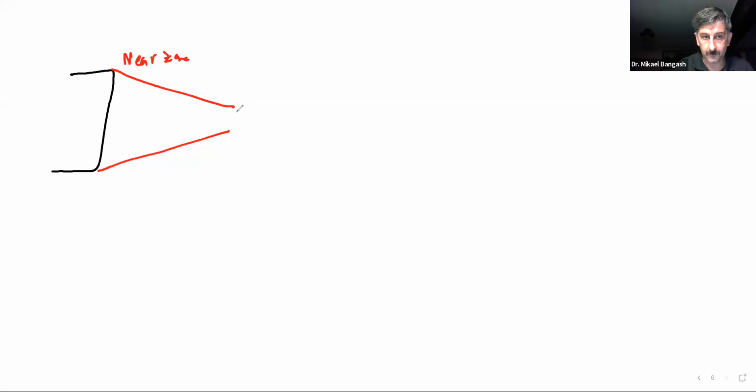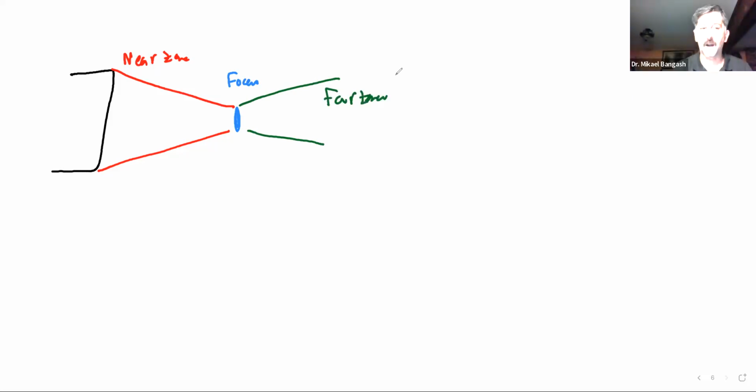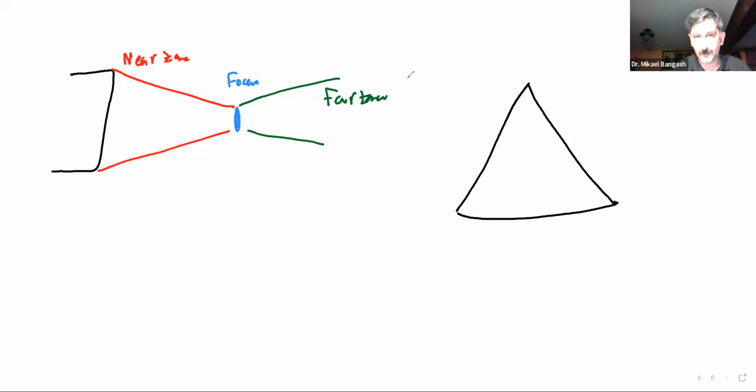Then we have the focus or the focal point. And then we have the far zone. Whereas if you look at that in the image, we mainly say we focus at this depth here.